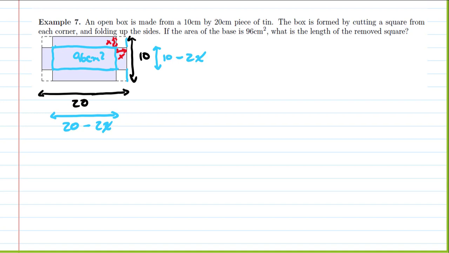So then that gives us the length and the width of the base's rectangle, and we know that our area formula for a rectangle is length times width, and we know its area. So we get 96 is equal to 20 minus 2x times 10 minus 2x.